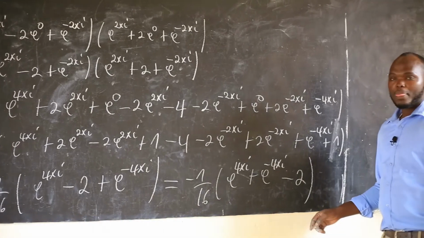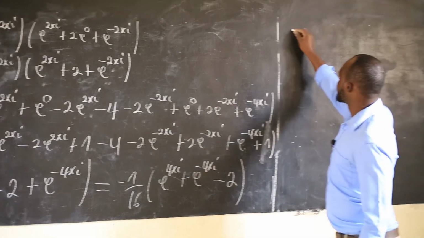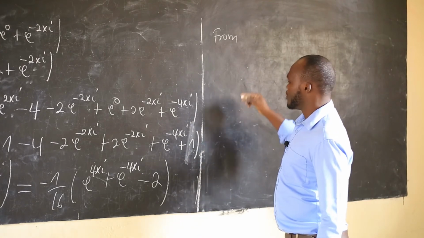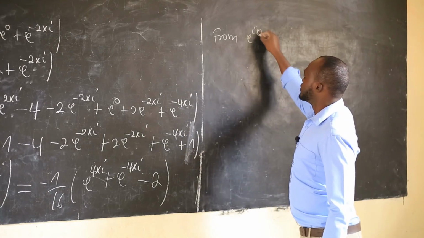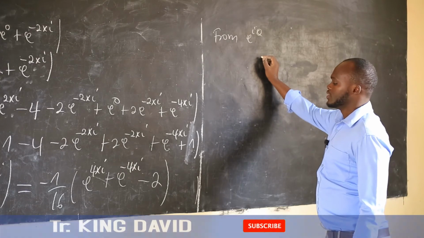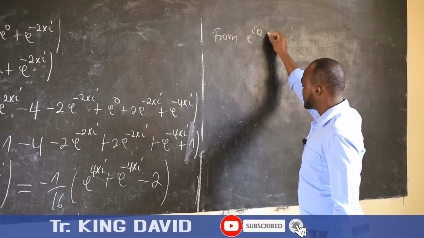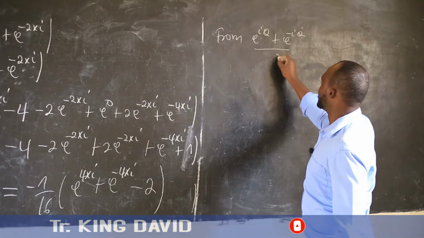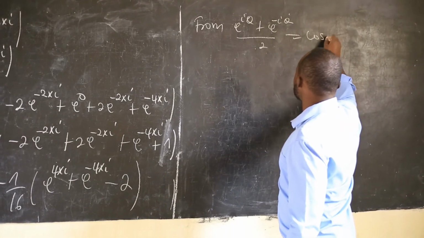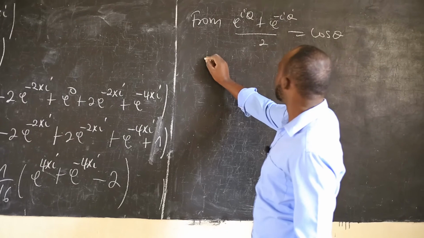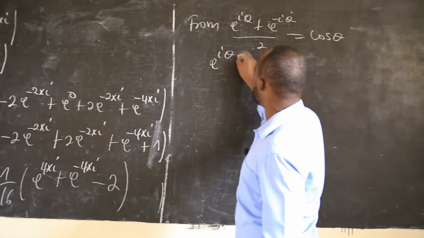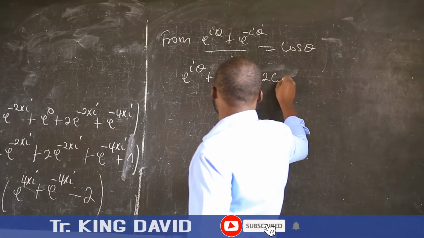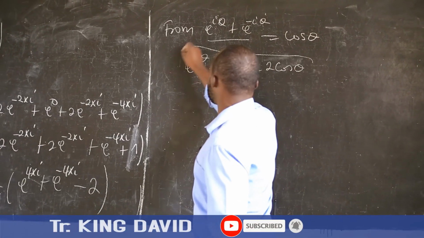So remember, e power i angle plus e power negative i angle over 2 equals cos angle. So that is to say, e power i angle plus e power negative i angle equals 2 cos angle.